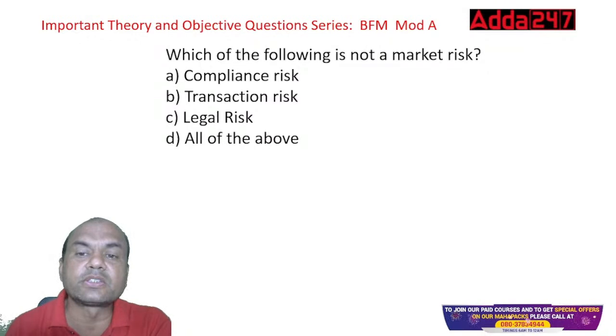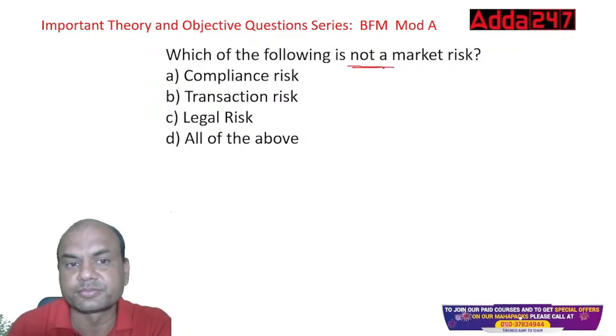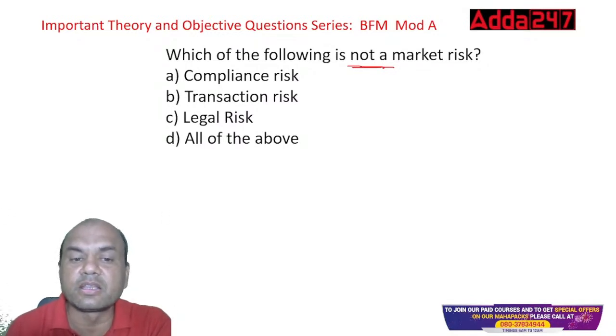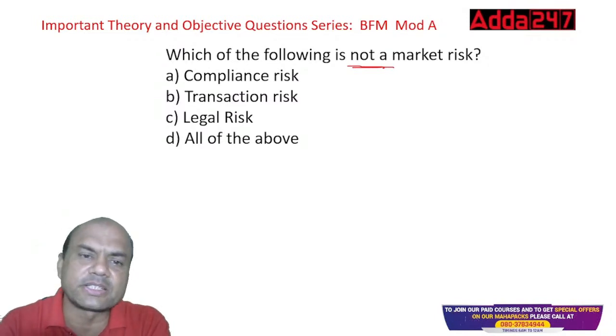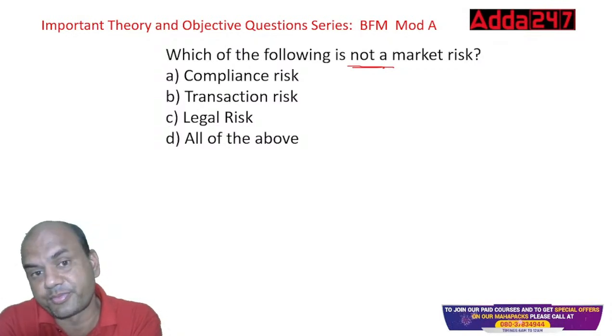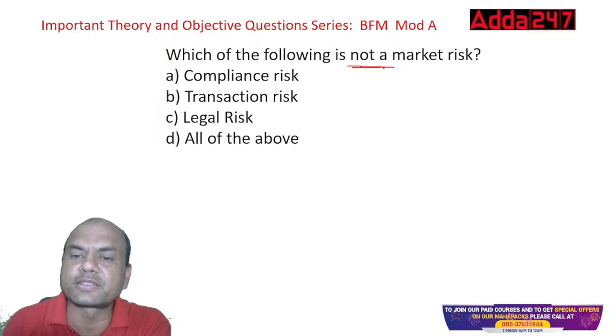Which of the following is not a market risk? Compliance, transaction, legal, all of the above. Let me think. Type fast in the comment section. Market risk means what? Market risk means that risk which is not in your hands.